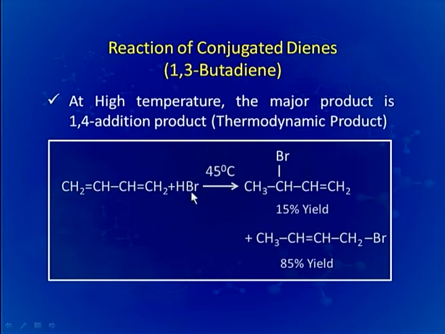Here we can see that HBr is being added across C1 and C4 carbon atom. Here we can see 85% yield of C1 and C4 addition we are getting. This product is called thermodynamic product because it is thermodynamically more stable.